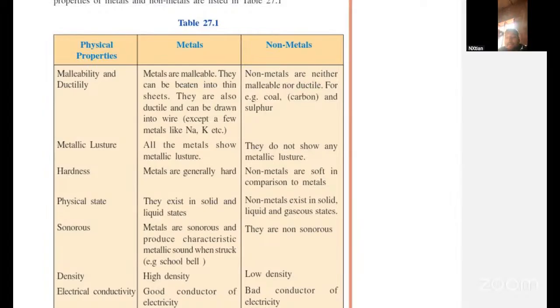Malleability is the property of making into a thin sheet, and ductility is the property of making into a wire. So metals are malleable and ductile, and non-metals are non-malleable and non-ductile. Got it, guys? Yes, sir.